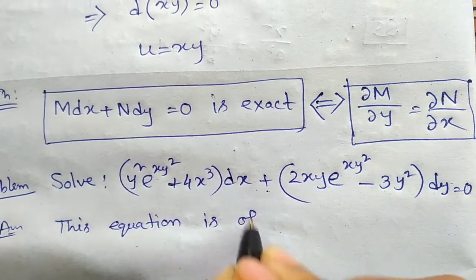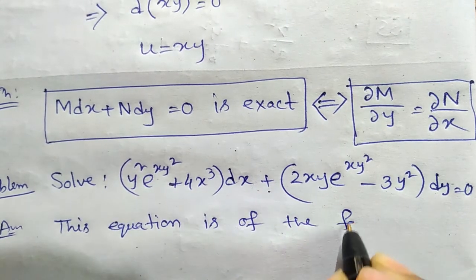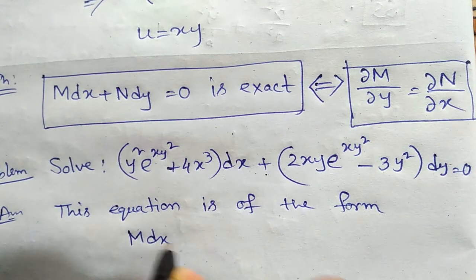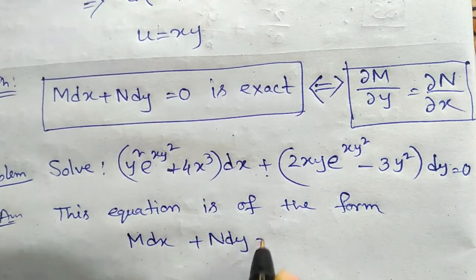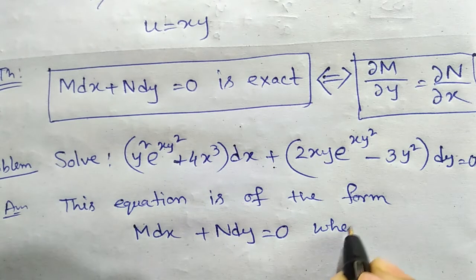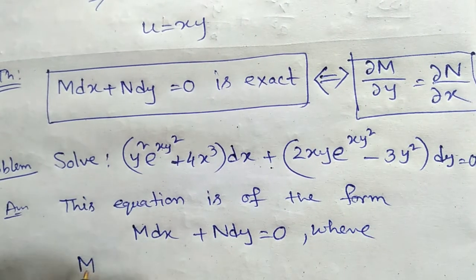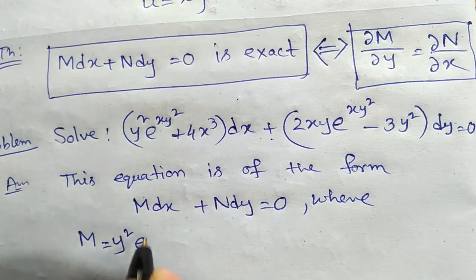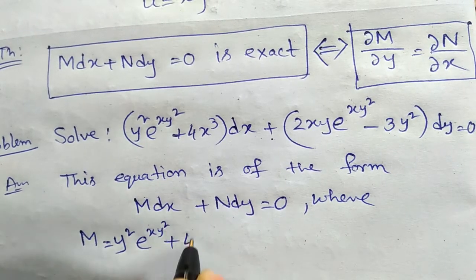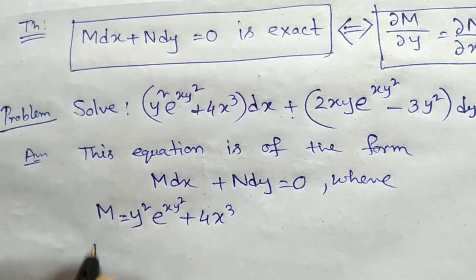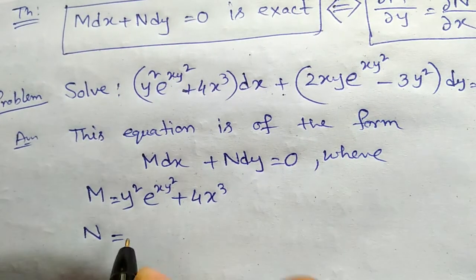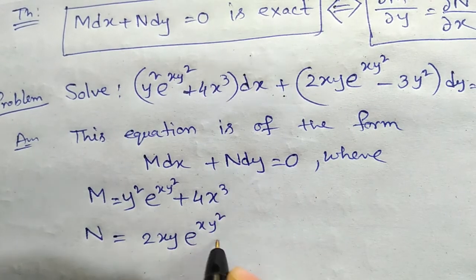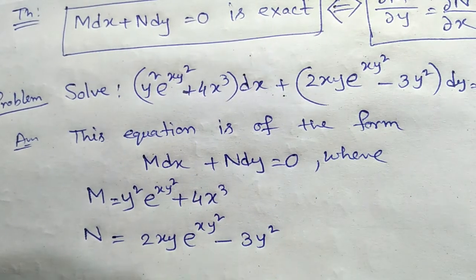We can see this is of the form M dx plus N dy equal to 0, where M is y squared e to the power xy squared plus 4x cubed, and N is 2xy e to the power xy squared minus 3y squared.